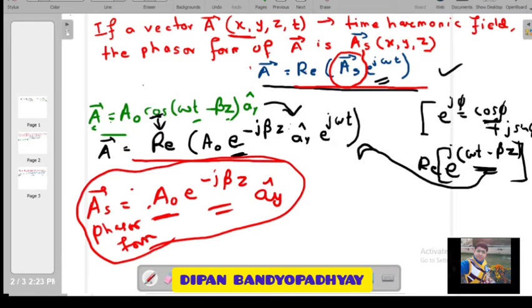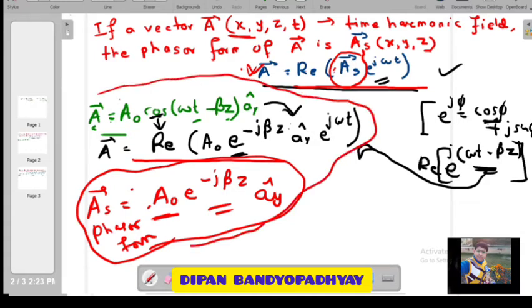Now, what you can do is, from this equation, again I will be writing this equation. This is just an example I have given you, that how can you write it. Okay. Now, this is the main equation, the relationship between A and As.